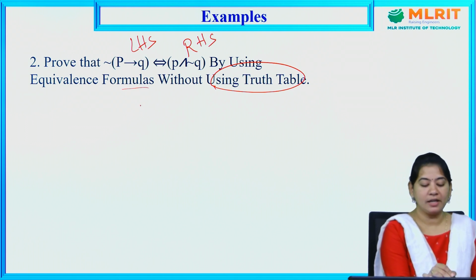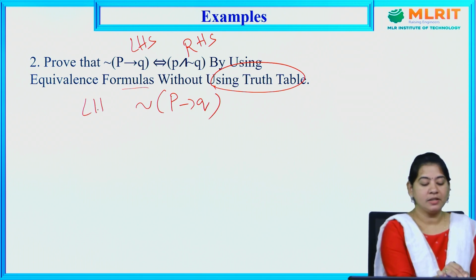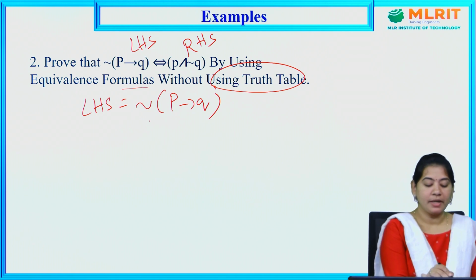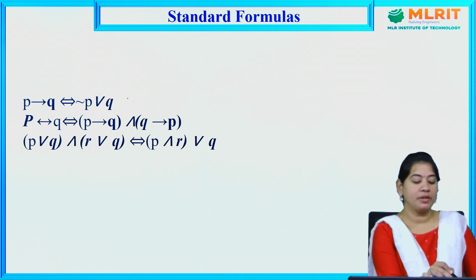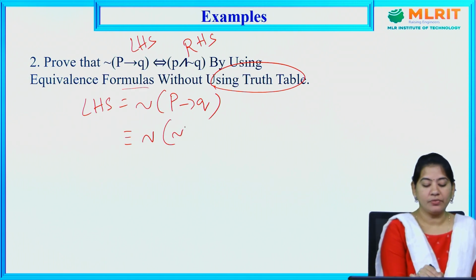So consider LHS here, negation of (P implies Q), and you need to solve until we get here RHS. So negation of (P implies Q). We can also write P implies Q by using the standard formula negation P or Q. So just apply here negation of (negation P or Q).